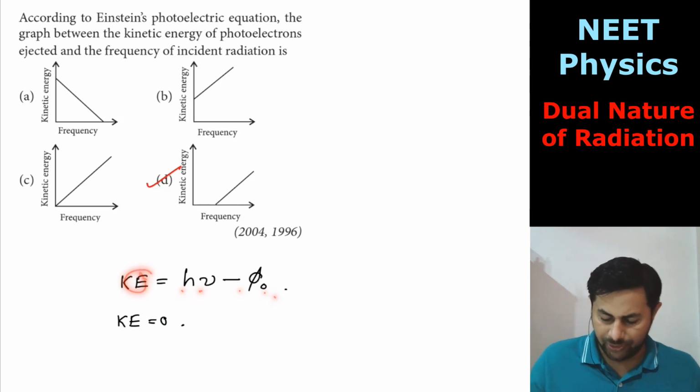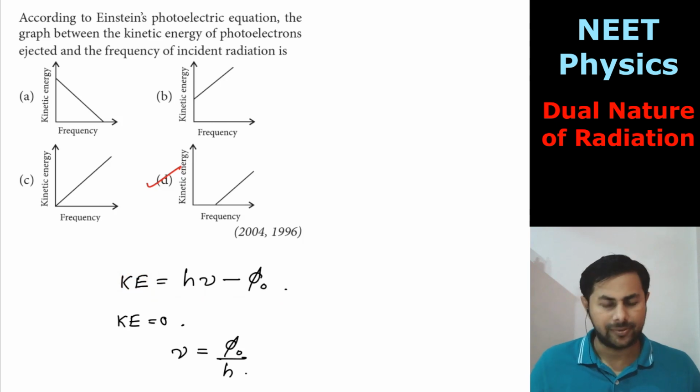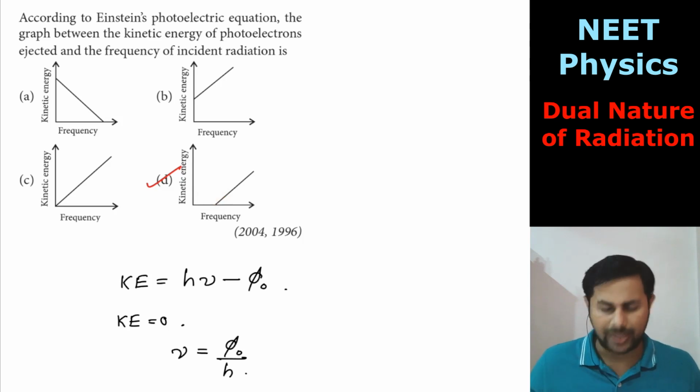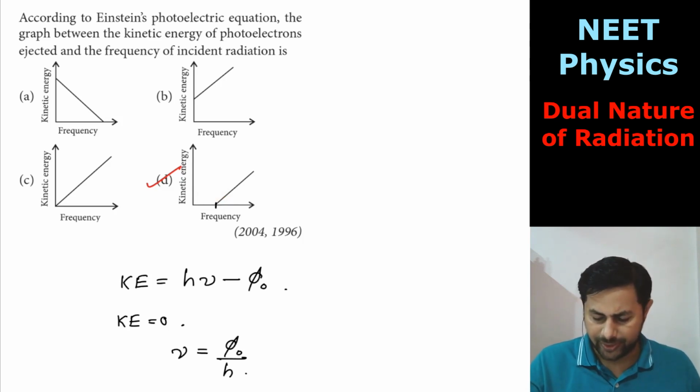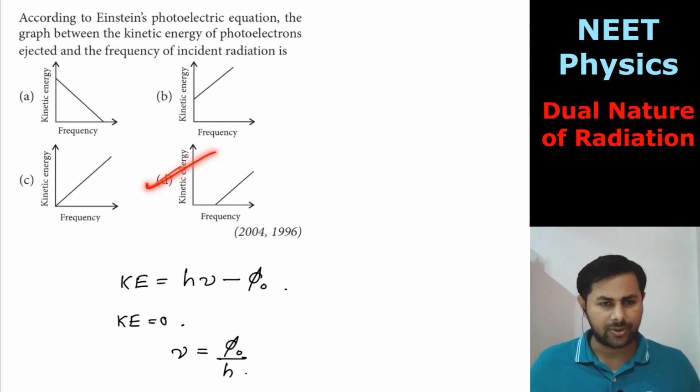Then h nu is equal to phi naught. So nu is equal to phi naught by h, or you can just say nu is equal to nu naught. For that, K is equal to 0. So it is some positive value. For some positive value of frequency, kinetic energy is 0, and then it will linearly increase. Kinetic energy will linearly increase with the frequency. So that is simple. It's option D.